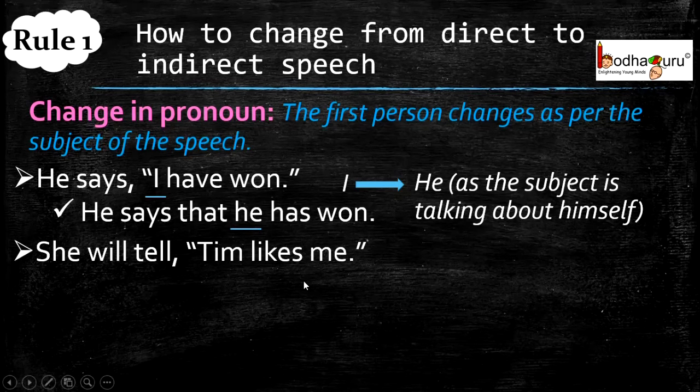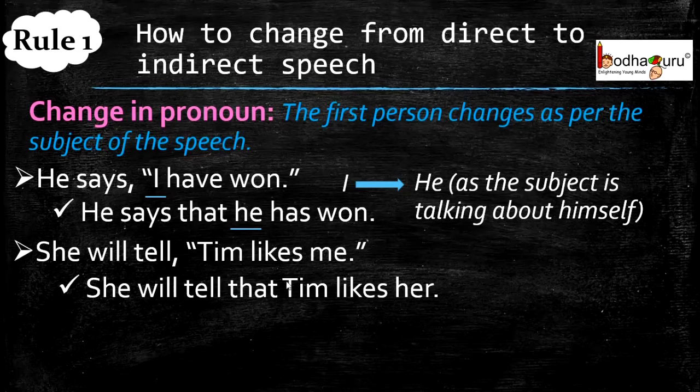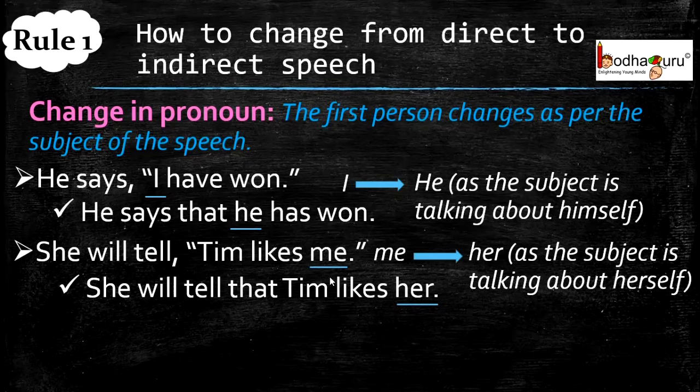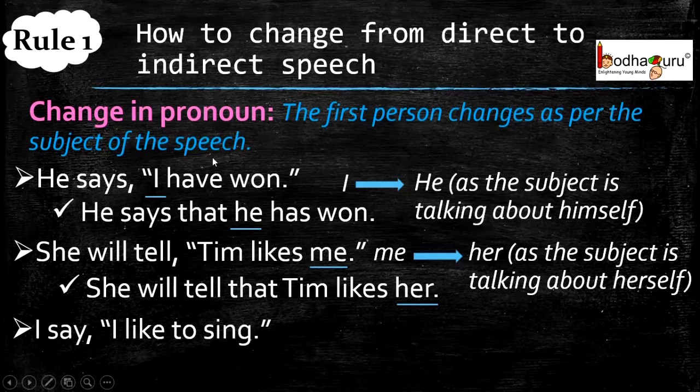And how does it get changed to indirect speech? She will tell that Tim likes her. And what was the change made in pronoun? Me got changed to her. Why? Because the subject is talking about herself. So remember, the first person changes as per the subject of the speech.